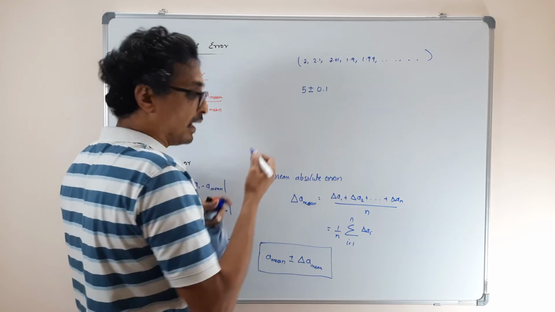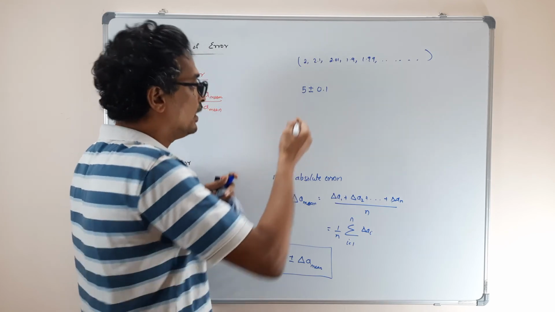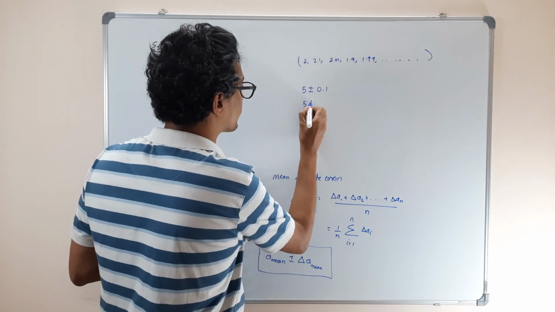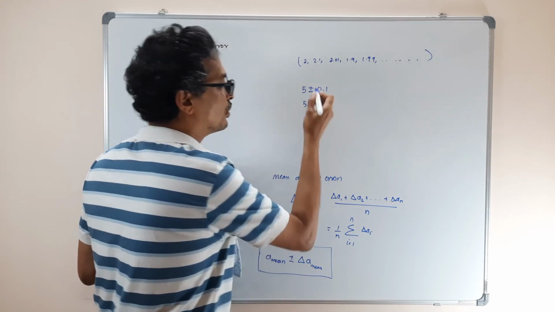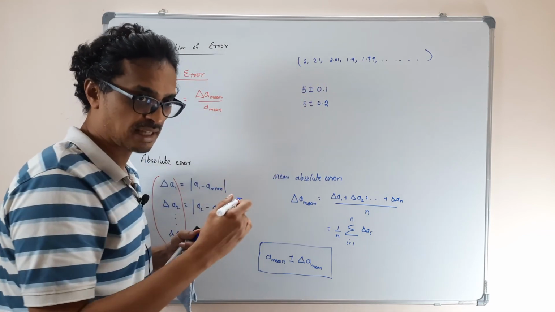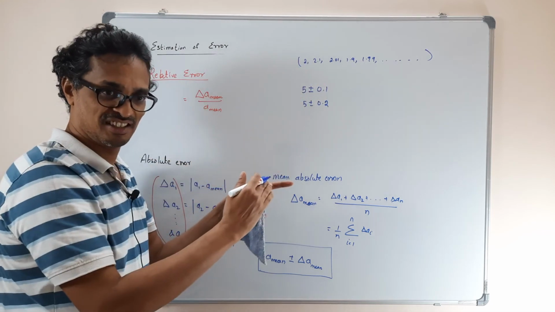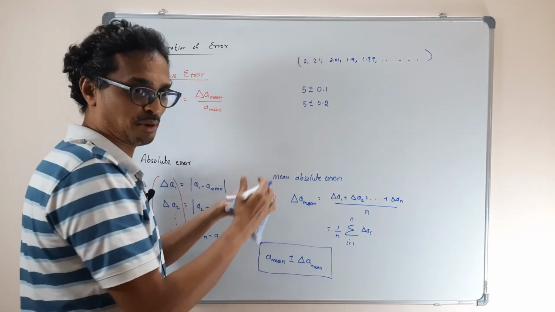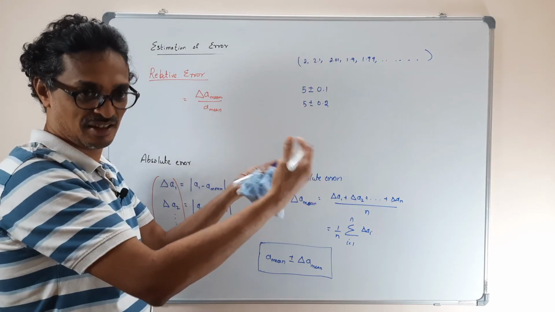The other person did another experiment and gave me 5 plus or minus 0.2. From here itself you can say which is more precise, but when the numbers are different, you can't tell.